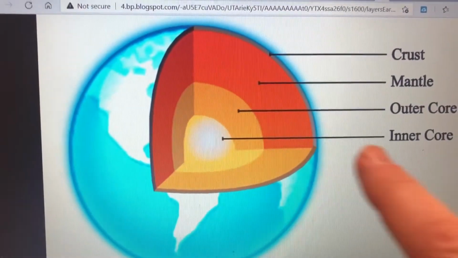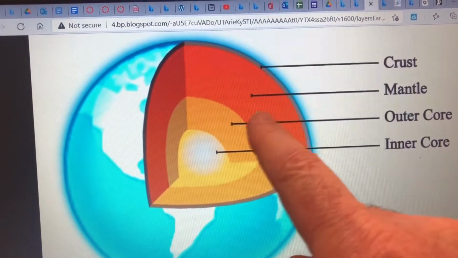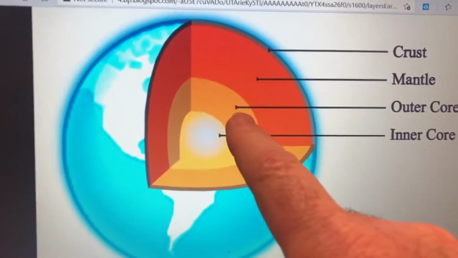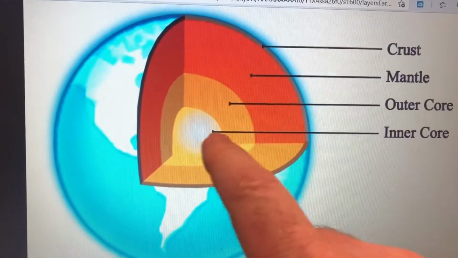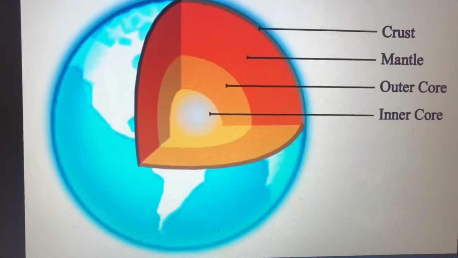Now let's look at the diagram of the Earth so that we can refresh our memory a little bit. Remember this? So the crust, the mantle, the outer core, and the inner core. I wanted to make sure that you remember that.